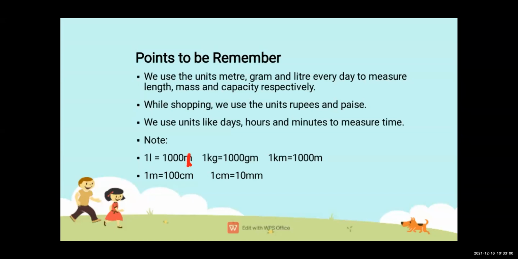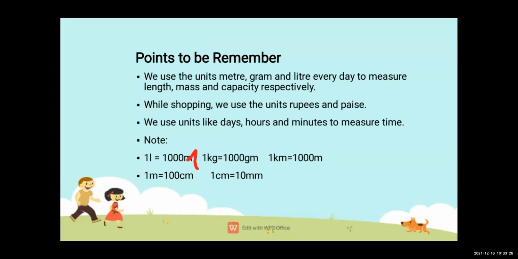See here, 1 liter. 1 liter is how much milliliter? 1 liter is 1000 milliliter. 1 kg, 1 kilo means how much gram? 1000 gram. Then 1 kilometer, 1 kilometer means 1000 meter. 1 meter will convert into 100 centimeter.